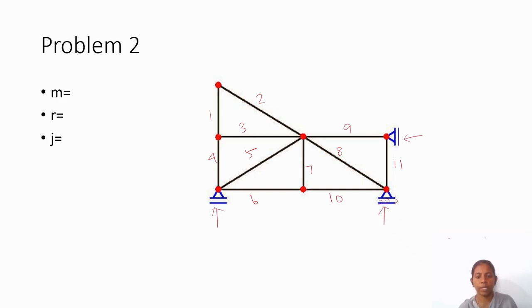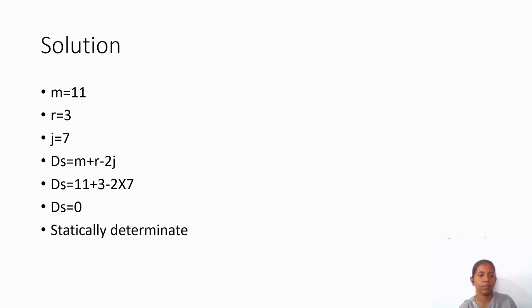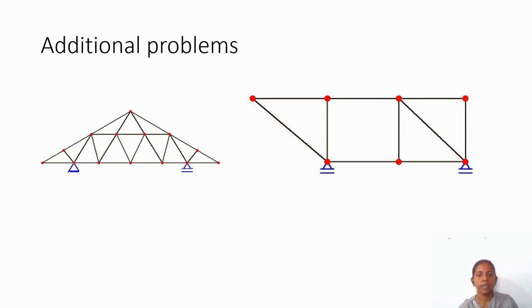So 3 reactions, joints 1, 2, 3, 4, 5, 6, 7 joints, 3 reactions, number of members 11. Let me check. Okay. I will calculate m plus r minus 2j, and it is proved to be statically determinate. Additional problems, you can try and we can verify in the classroom.